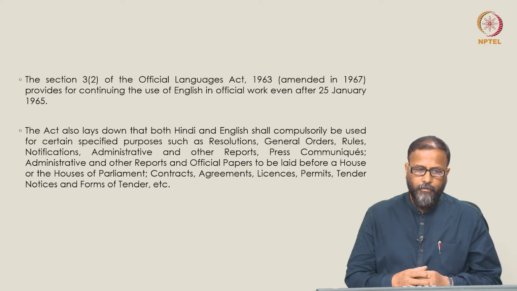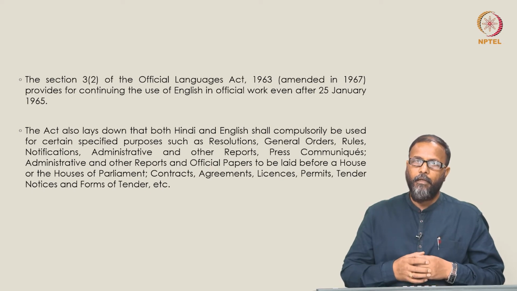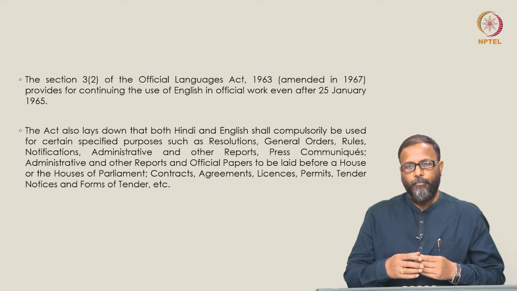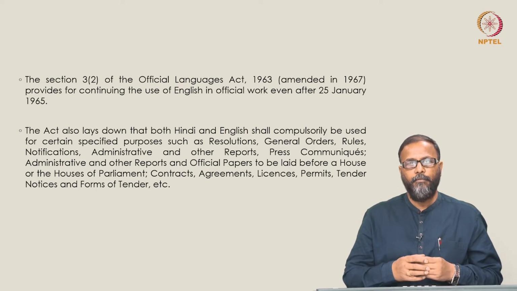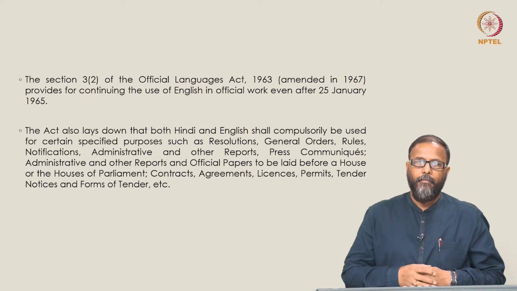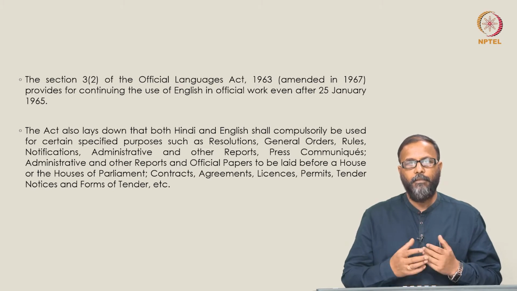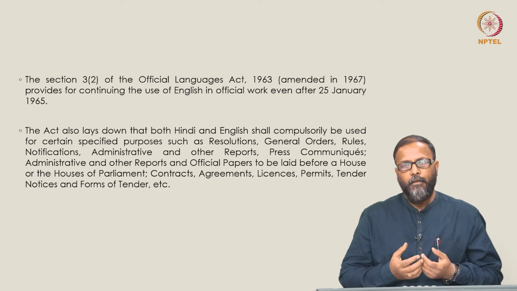This Act allowed English to continue sine die till further orders. So, this period did not end on 25th January 1965 as it was destined to end. And as we are speaking today in 2021, it continues. So, this is how English continues to be the associate official language of India.